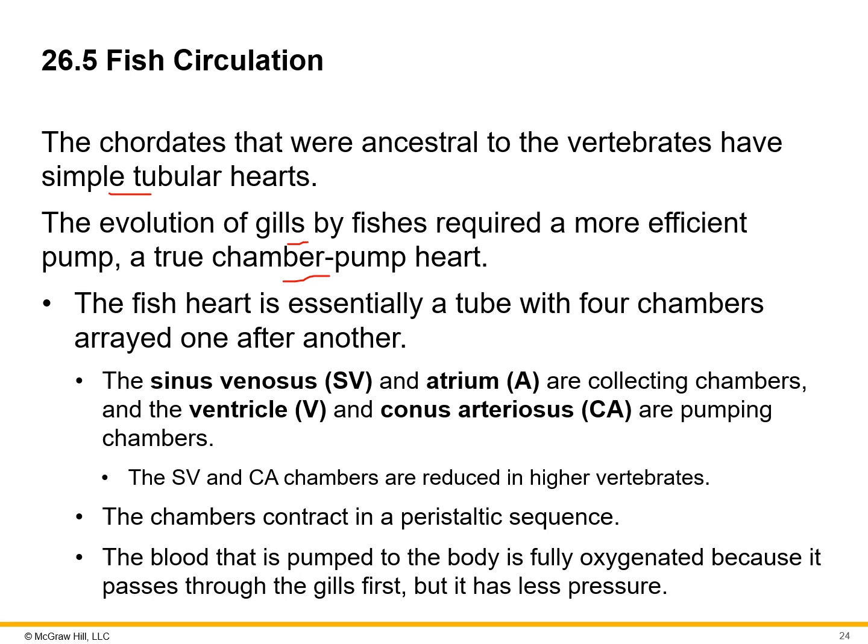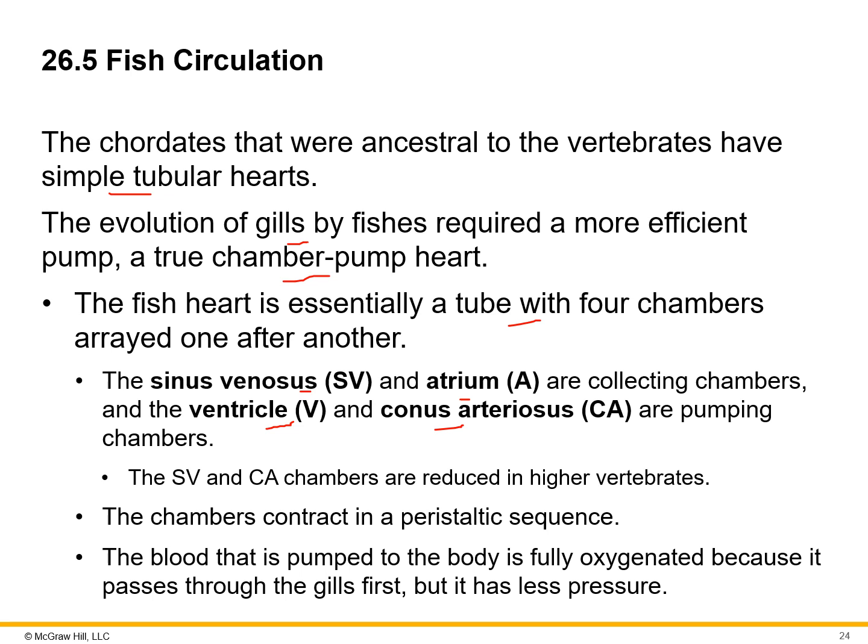So the fish heart essentially is just a tube with four chambers that are arrayed one after another. It has the SV, or the sinus venosus, and the atrium, which are collecting chambers, and then the ventricle and the CA, or the conus arteriosus, are pumping chambers.